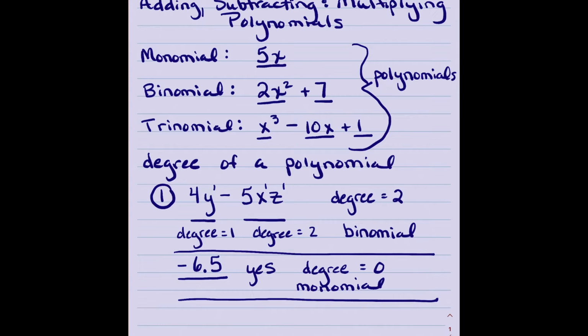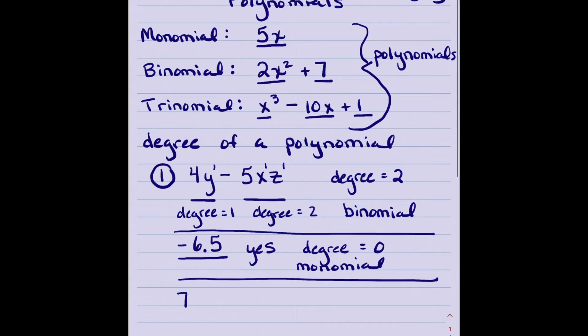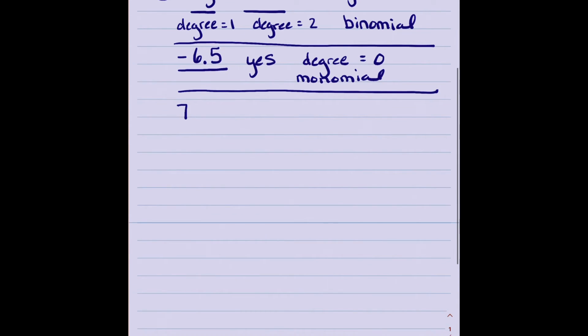Here's another example, 7a to the negative 3 plus 9b. Is this a polynomial? No, it actually is not a polynomial. So we are not going to have negative exponents in our polynomials.